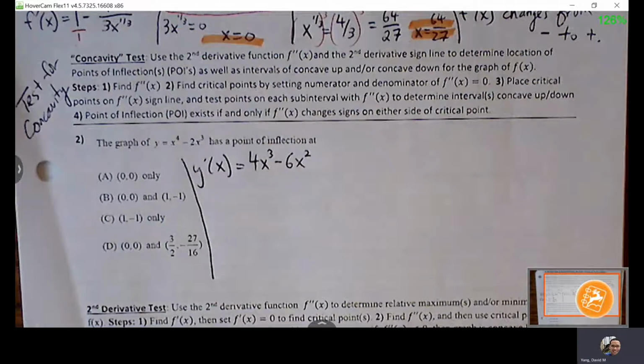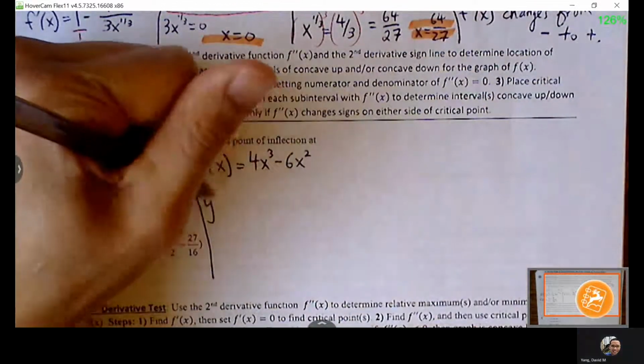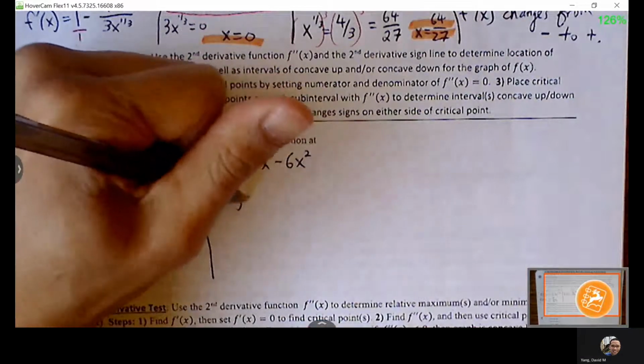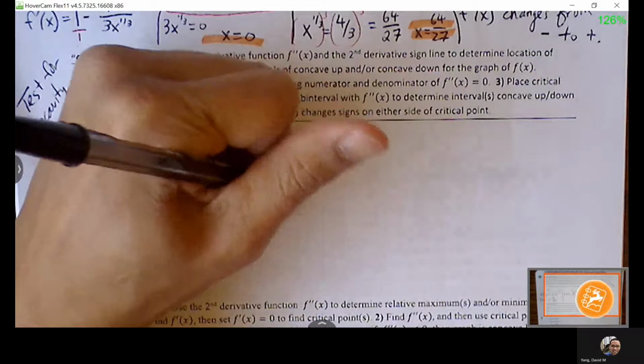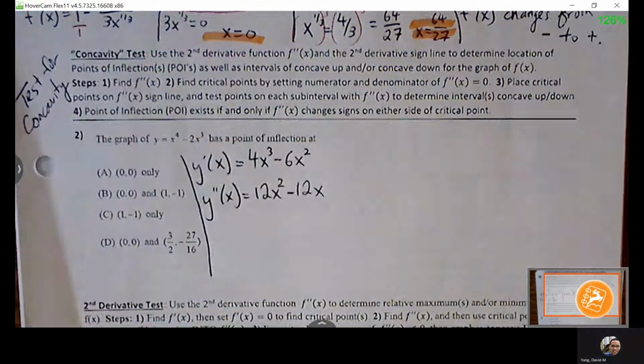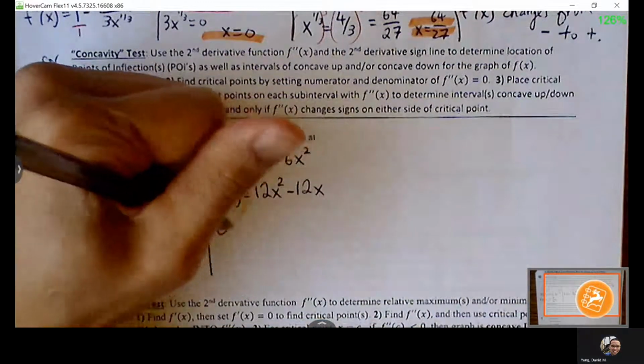Go through the power rule again, so we can reach the second derivative function. Okay, so now that we're at the second derivative level, we'll set that equal to 0 and find our critical points.